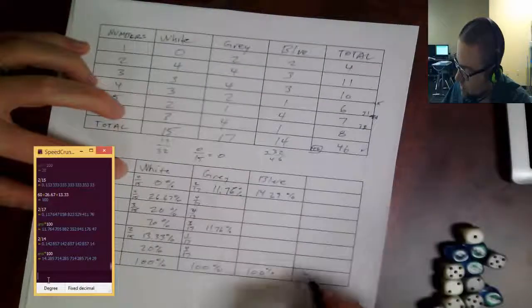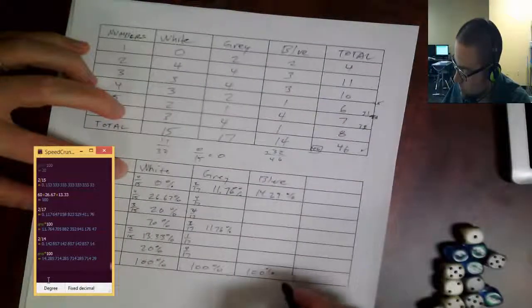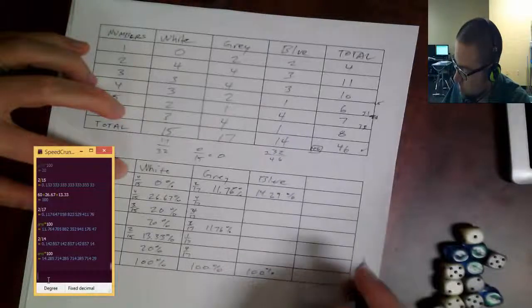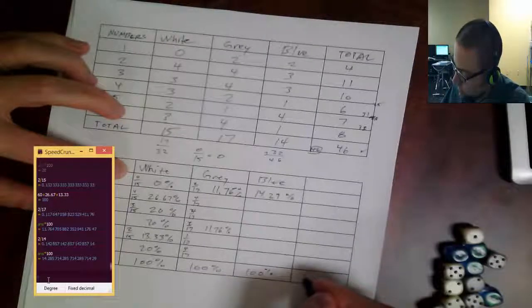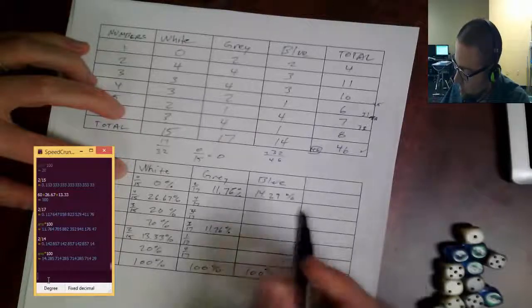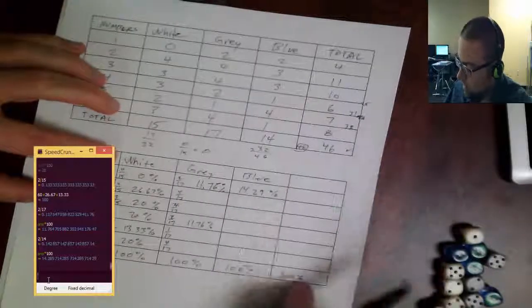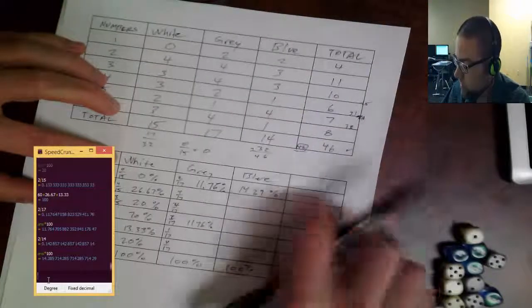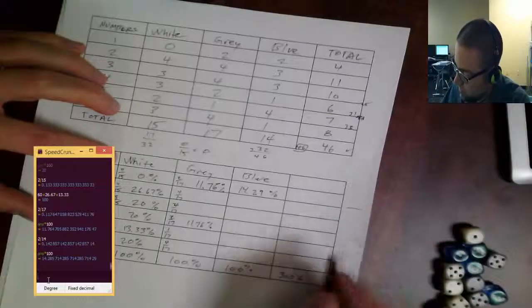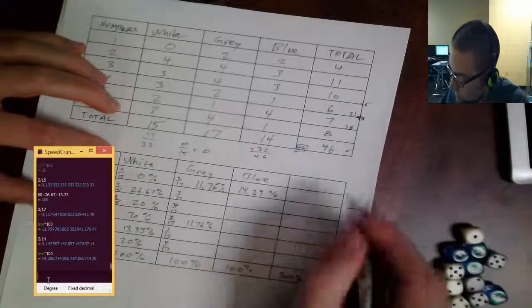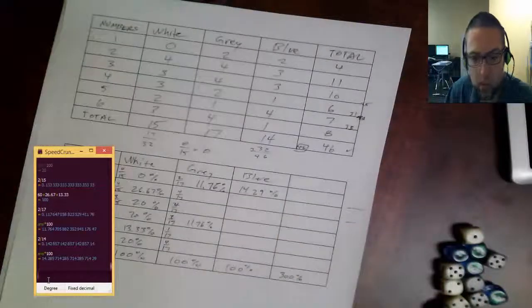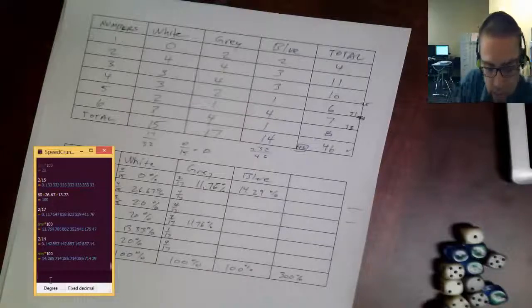So this is going to be out of 300%. And then that number, I could divide that out of 300 and then find the percentage of ones, the percentage of twos. Okay. So let's just do that.